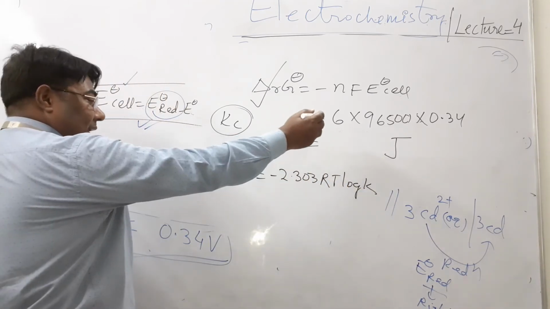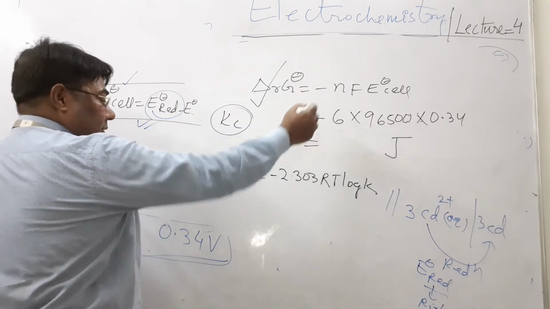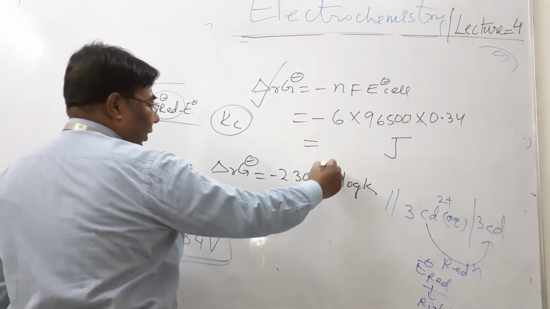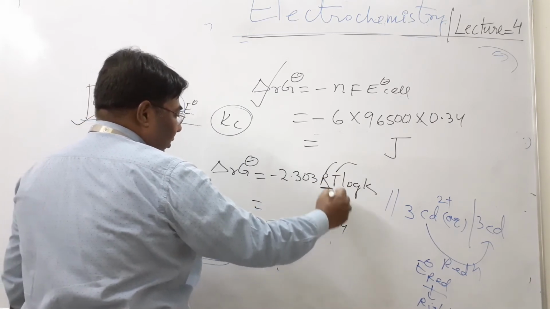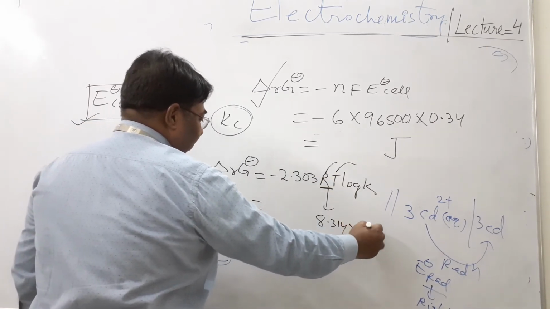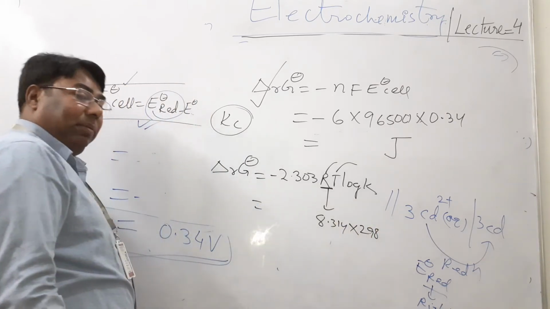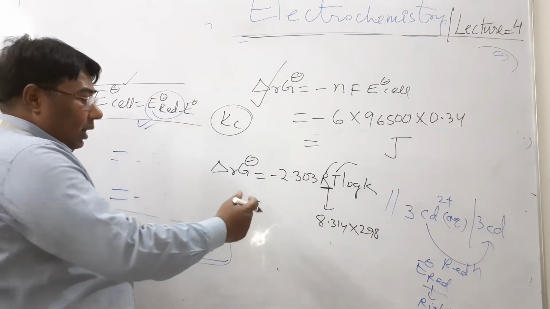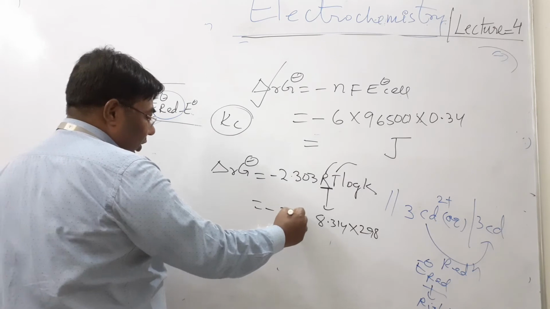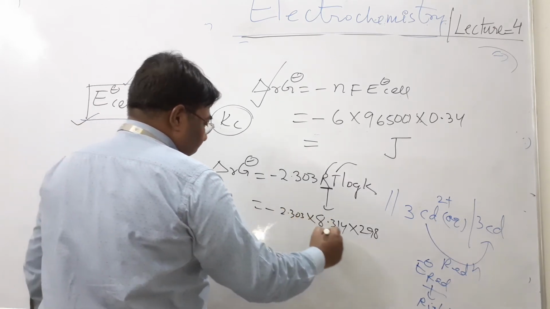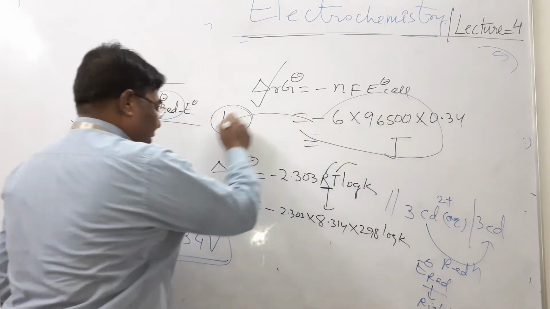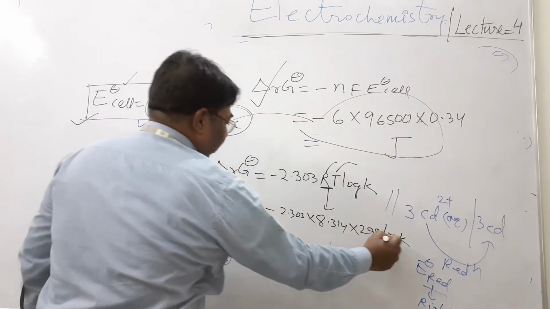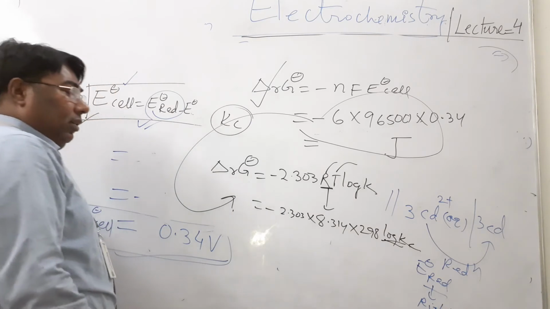G is already found from the above, and then put the value of R and T. R is equal to 8.314, T is equal to 298 Kelvin, the standard condition of temperature, and minus 2.303 log K. Put the value of G here to find out the value of Kc.